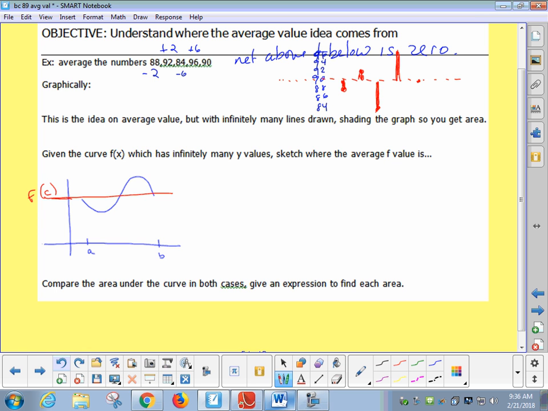It's not f at a, and it's not f at b. It's probably f at some other value, c, I don't know. It's got to have some average value in there. How do we go about finding it? Well, consider two areas.